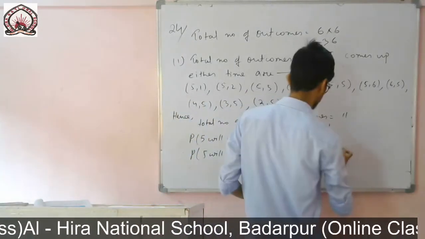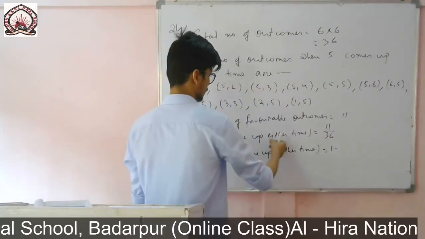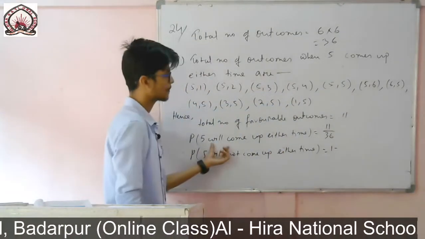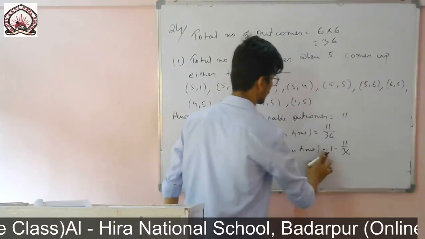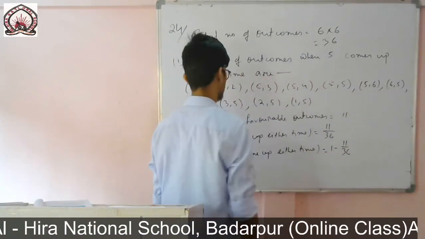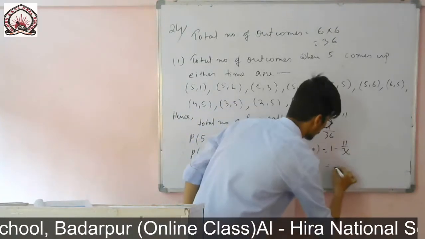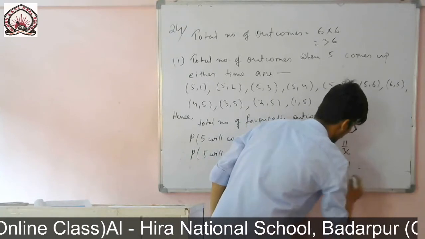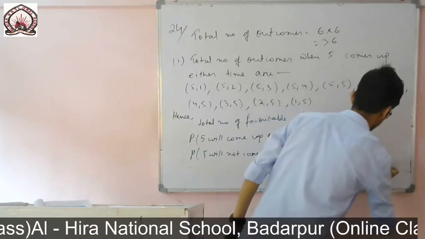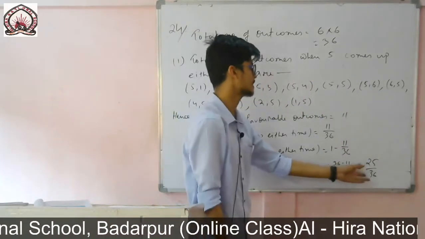Directly I can find 1 minus this one, 1 minus the probability that 5 will come up either time, 1 minus 11 by 36. There is no space, so I am writing directly. So it will be 36 minus 11, which equals 25 by 36. And if we find it directly also, you will get 25 by 36.